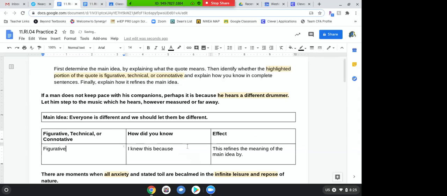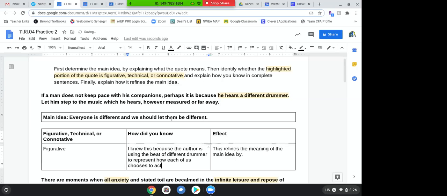We know this because he, or the author, I should say, is using the beat of a different drummer to symbolically mean or to represent how each of us chooses to act.